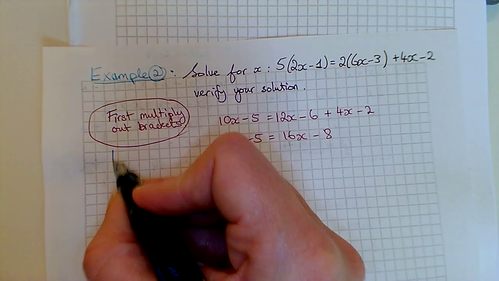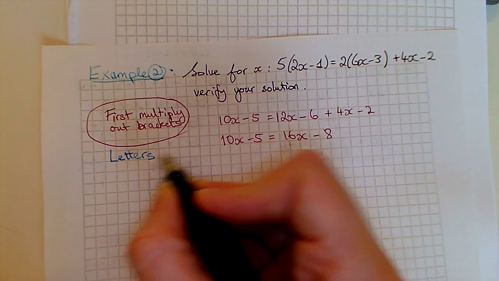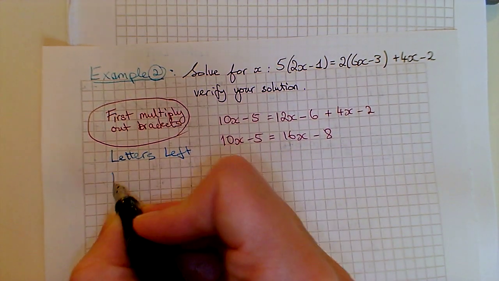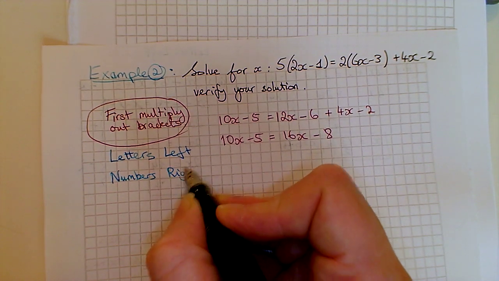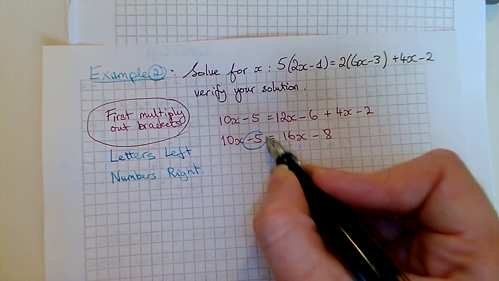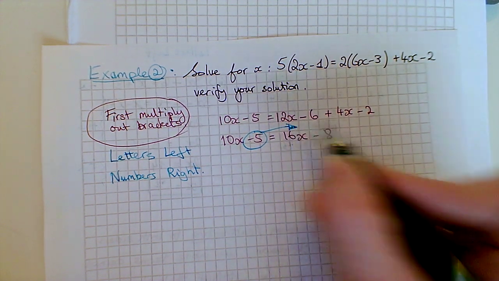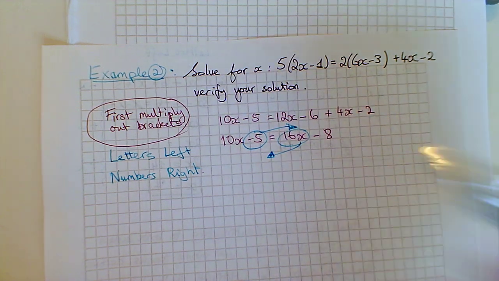Next, this is what you're going to hear me say so much over the next couple of years: letters left, numbers right. And of course, we must change the sign when we do that as well. My minus 5 is going to go over to this side, and my 16x is going to go over to this side.